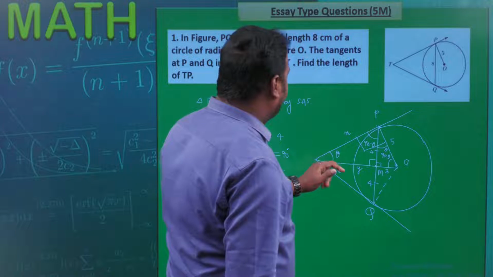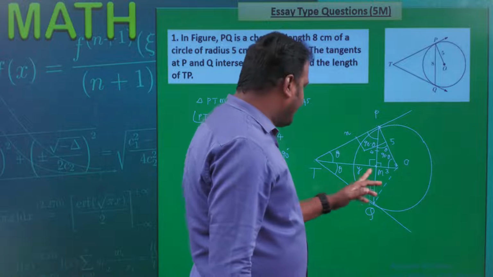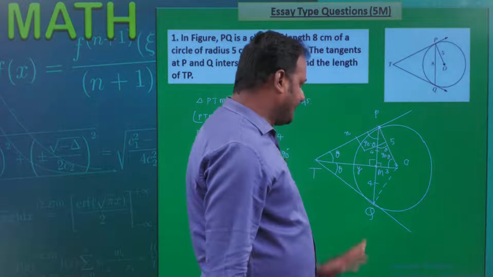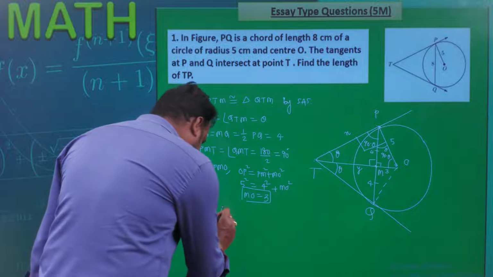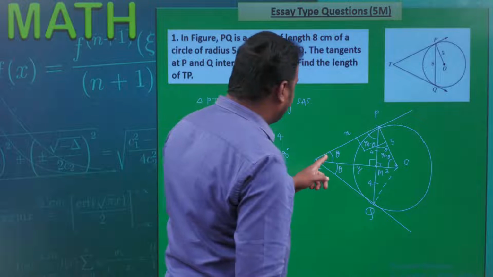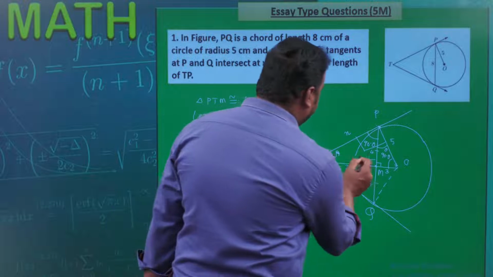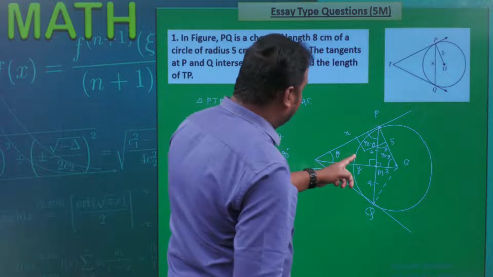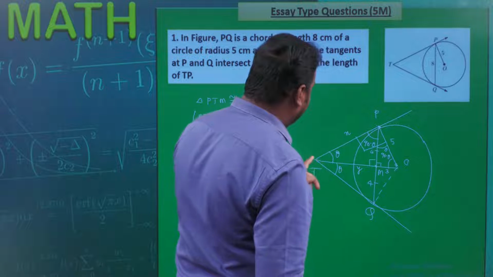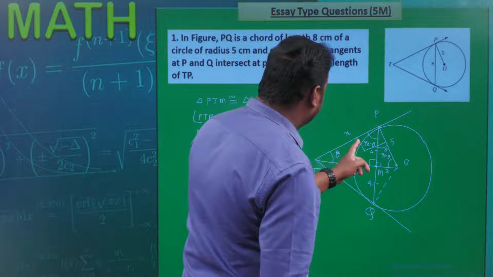So this is theta, in which triangle? TPO triangle and MPO triangle. So those two triangles I will write in order. In triangle T, here T is equal to theta, here P is equal to theta. And here in this entire triangle, it is 90 degrees.